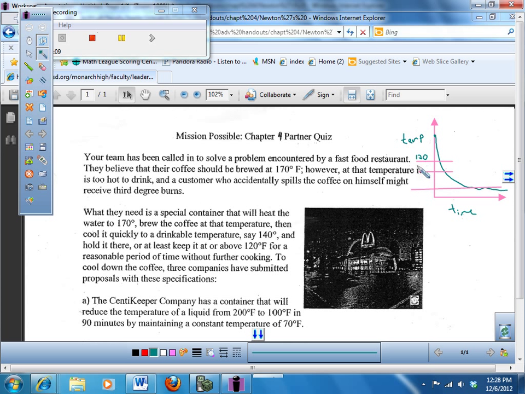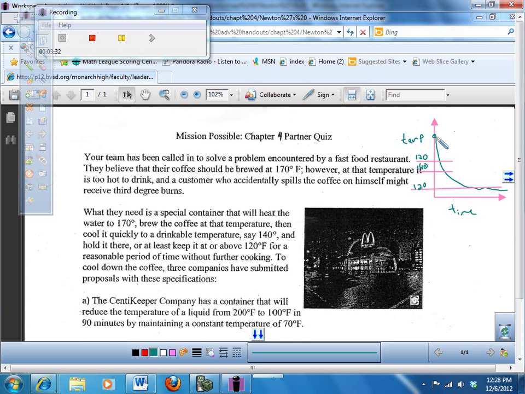And this line here is 140 degrees. And this line here is 120 degrees. So you're going to have 3 different graphs that look like this. And I want you to put all 3 on the same graph. You can put it on your calculator and then print it out, or you can graph them by hand and sketch them, but I want everything labeled.